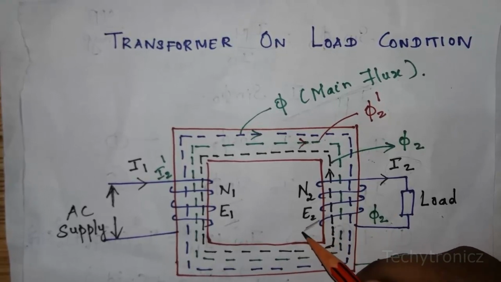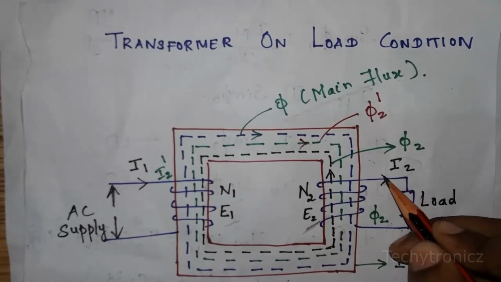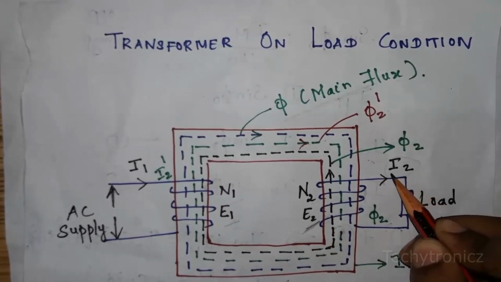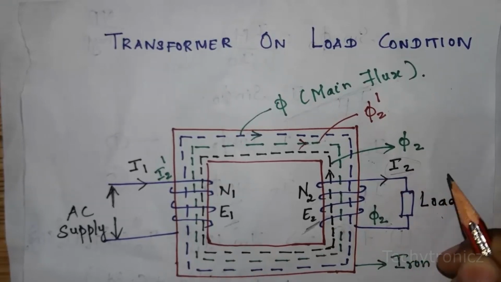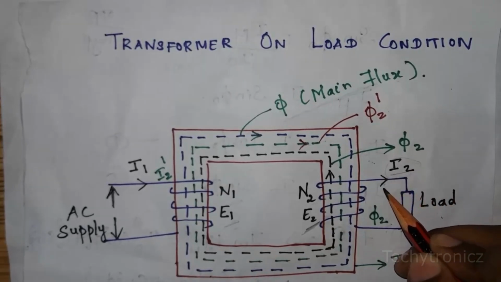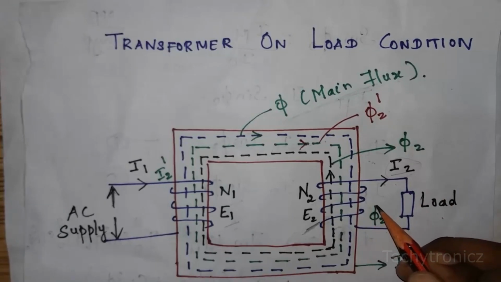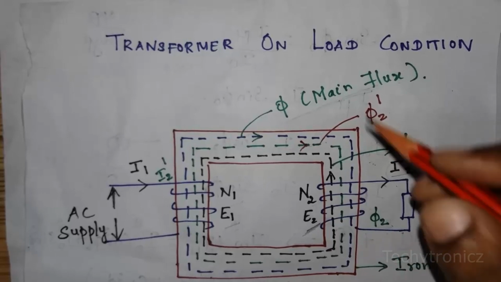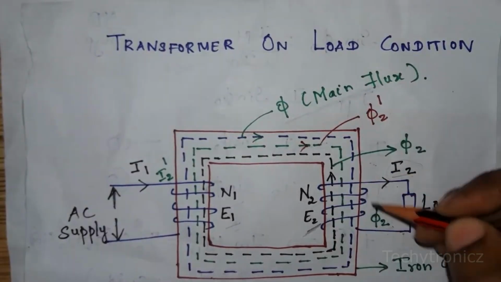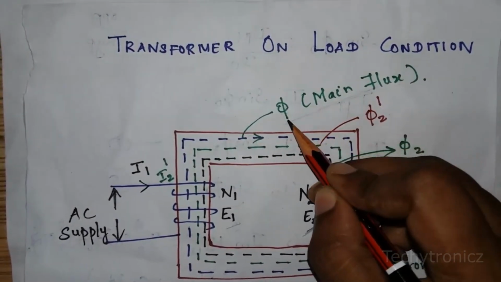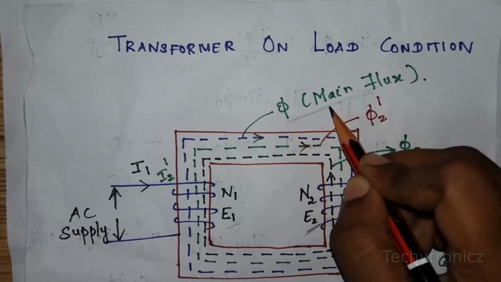When induced EMF E2 is produced, a new current flows in the secondary winding, called I2. When the current I2 flows in the secondary winding, an alternating flux is created, that is phi 2. When phi 2 and phi oppose each other, the main flux phi gets weaker.